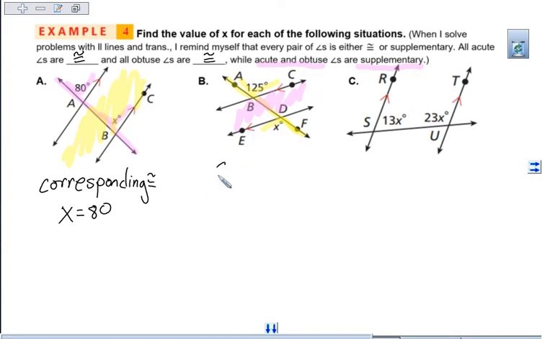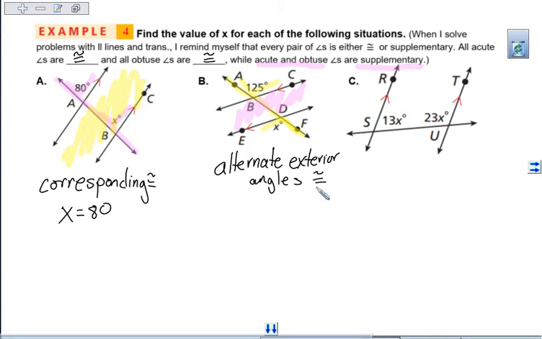So that means we have alternate exterior angles. And remember that alternate exterior angles are congruent when you have parallel lines being intersected by a transversal. So that means that X is 125.